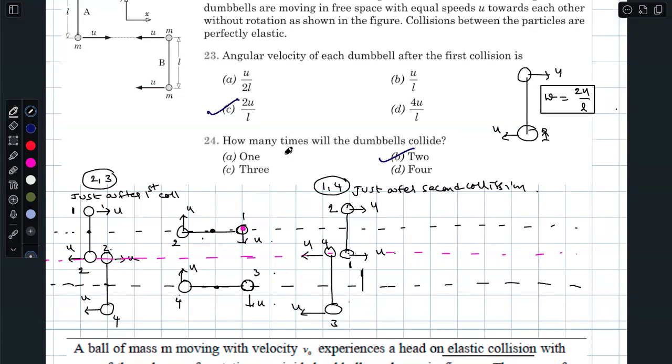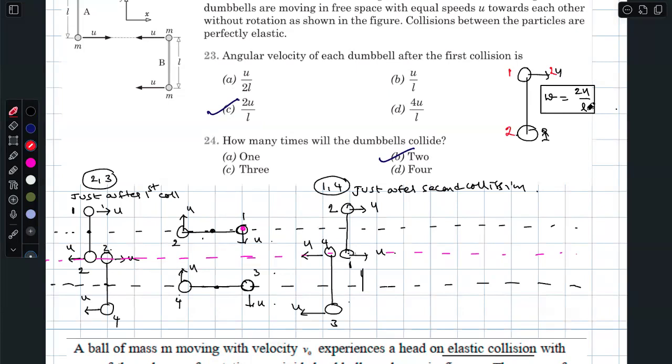Right. With respect to this, 2U by L. Yes or no? Immediately after collision. Any doubts?